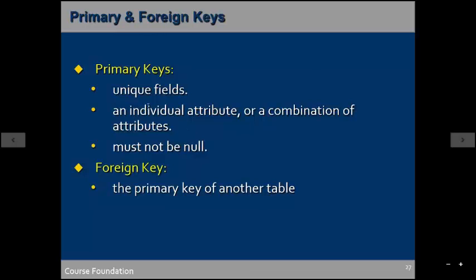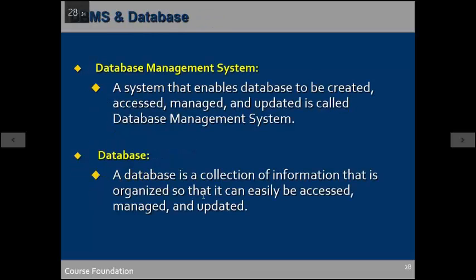It should be an individual attribute or a combination of attributes, and it cannot be null. Null means it cannot be left empty. Now the foreign key is actually the primary key of some other table, of another table. So that is a foreign key.